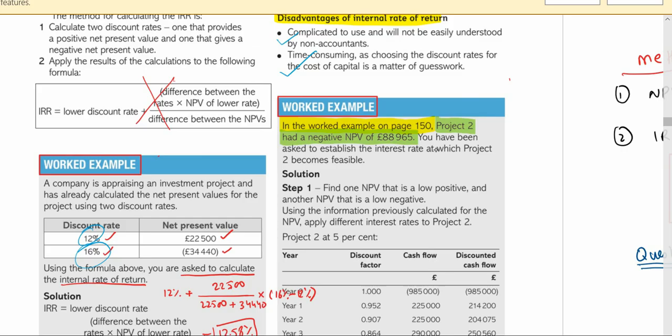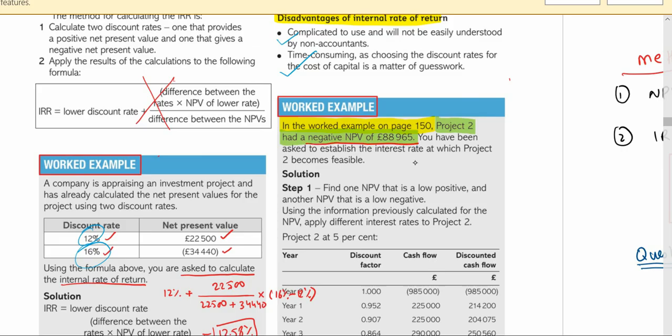So you have been asked to establish the interest rate at which the project becomes feasible. The project becomes feasible obviously when the NPV becomes positive.